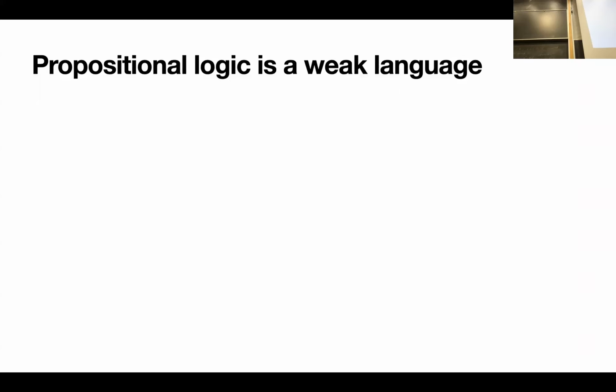For example, we cannot say that for all X they have a property, like all animals are on Earth, or all cats are animals. These are things we cannot say with propositional logic, but we can say with first order logic.